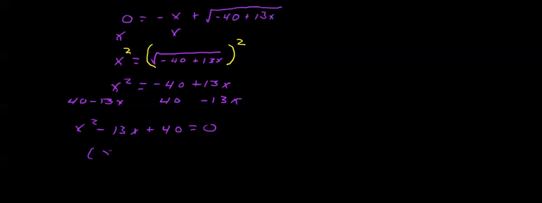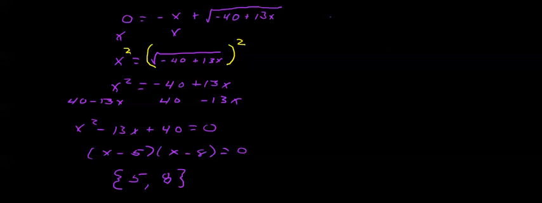I'm going to factor x minus 5, x minus 8, and we do our double smiley, 5x and 8x is 13x, negative, and we get 5 and 8 for an answer.